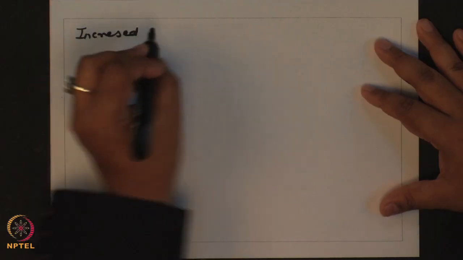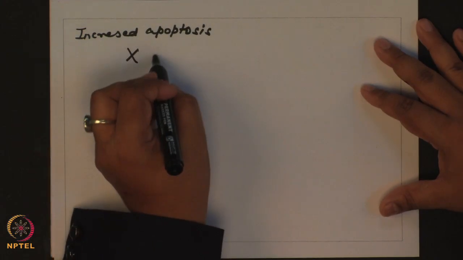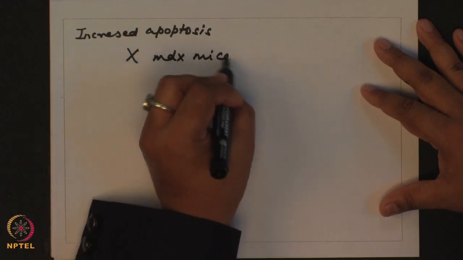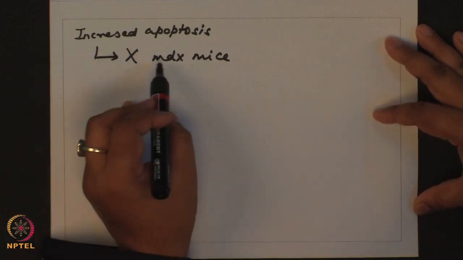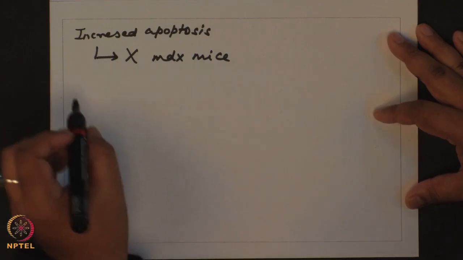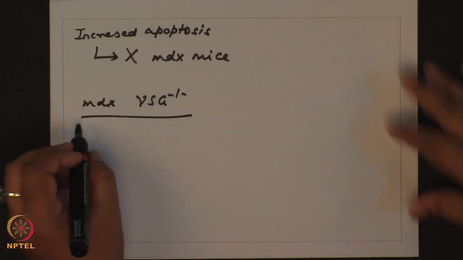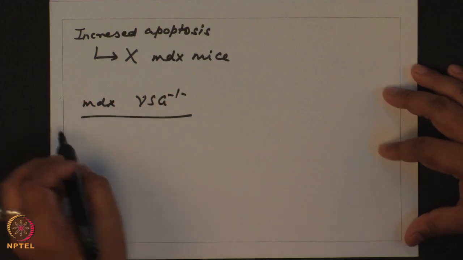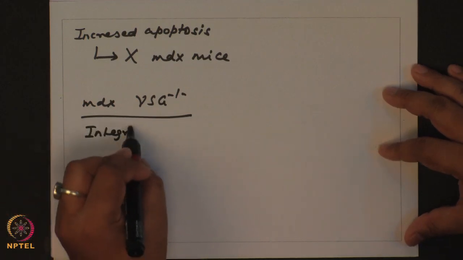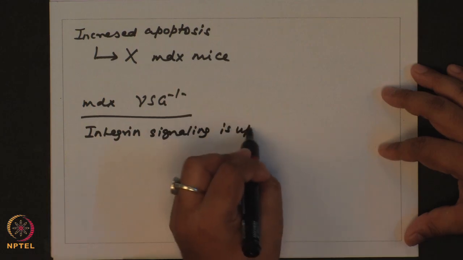One more thing which was common: this kind of phenotype, increased apoptosis, was not seen in MDX mice. MDX mice or muscular dystrophy mice do not exhibit this increased apoptosis, but there is a commonality between MDX and gamma sarcoglycan deficient cells. Across both of these, compared to control, integrin signaling is upregulated.